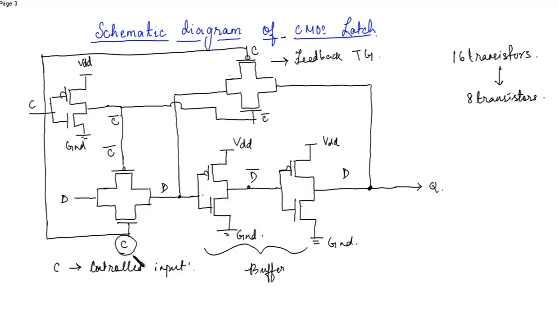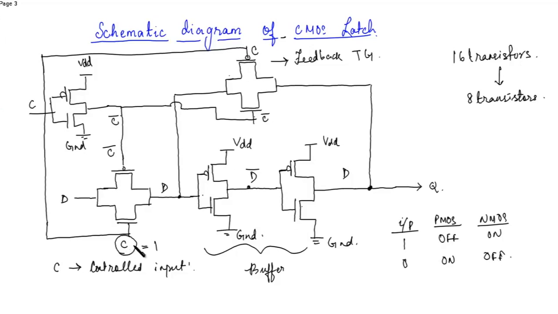So we know that when input is 1, then PMOS turns off and the NMOS turns on. When input is 0, then the PMOS turns on and the NMOS turns off.